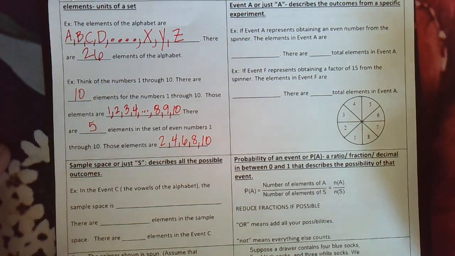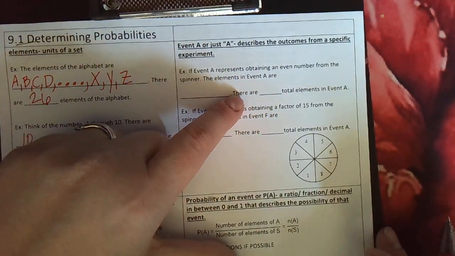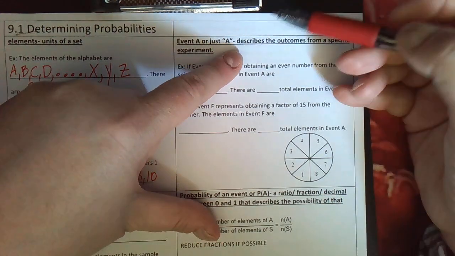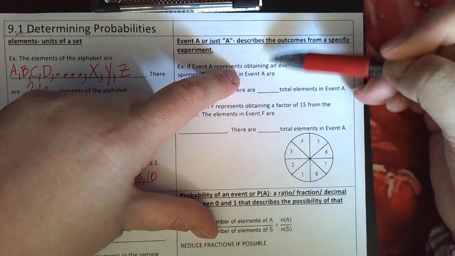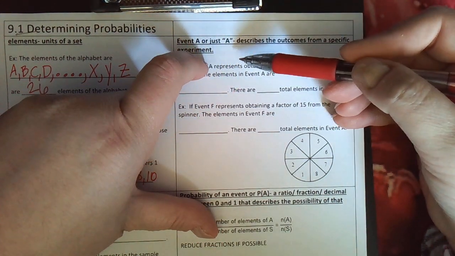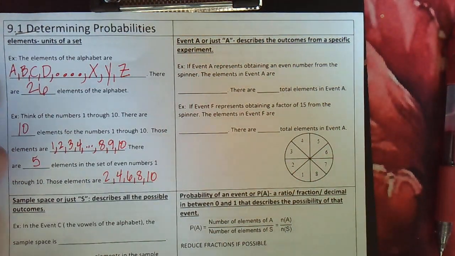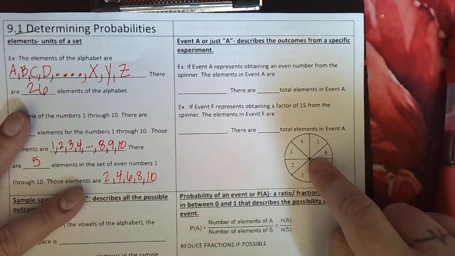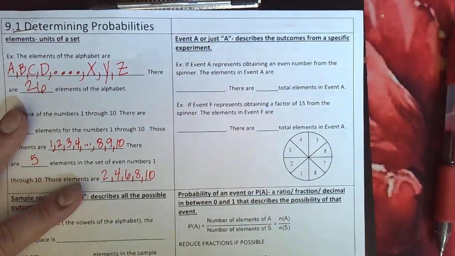Okay, let's look over here to the right. It says event A, or just a capital A, describes the outcomes from a specific experiment. An experiment can be spinning a spinner. An experiment can be tossing a coin.